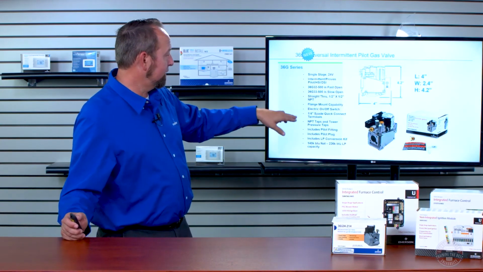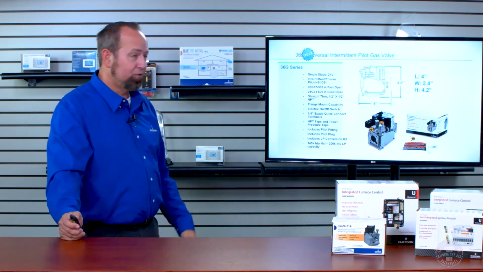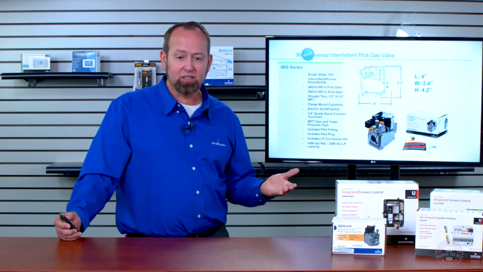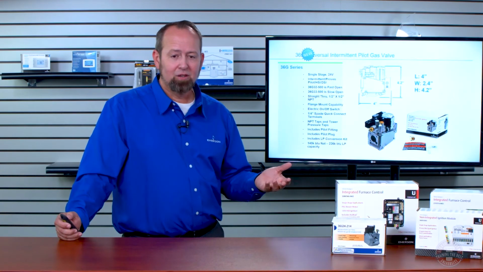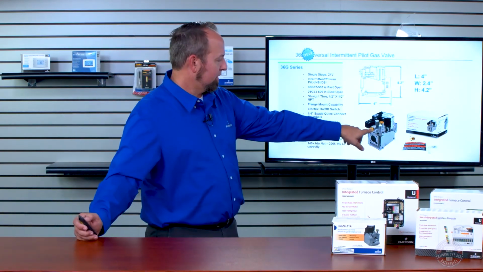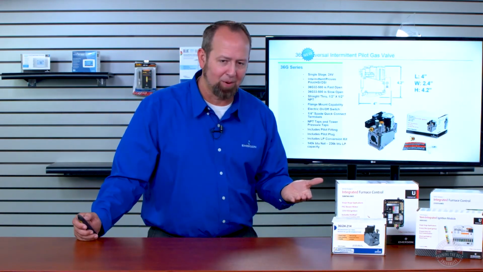The 36G can be worked with the intermittent proven pilot, hot surface ignition, or spark ignition, any of them. Well, if you have a pilot on here, you can see on the picture you've got a pilot tube. What happens if you're using a hot surface ignition? You don't have a pilot on that.